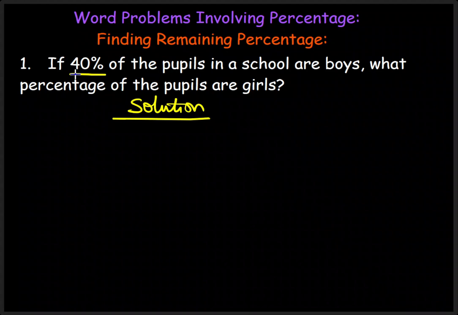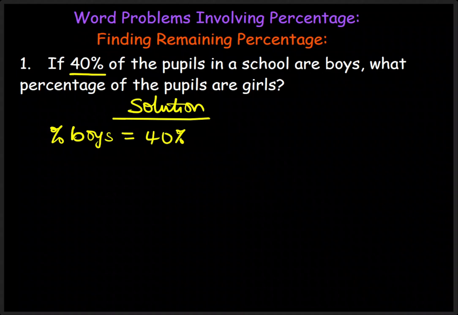If 40% of the pupils in a school are boys, it is a percentage, so it is not just a number. That means what we are having there is percentage of boys. Percentage of boys is equal to 40%.